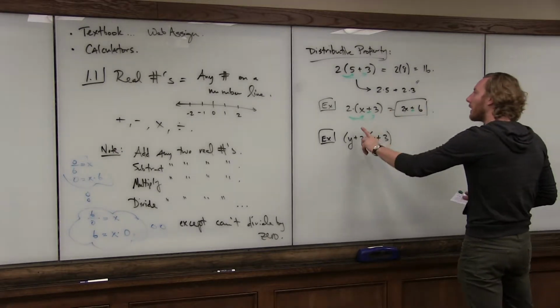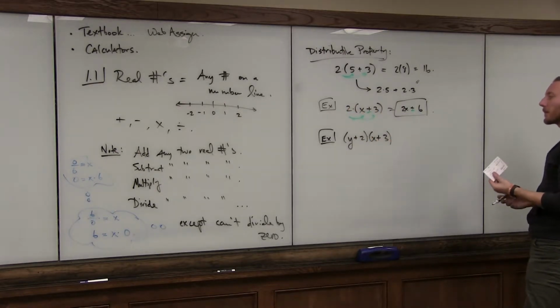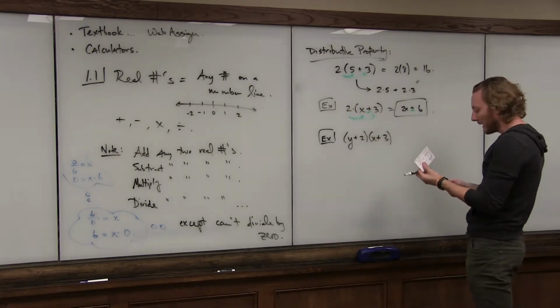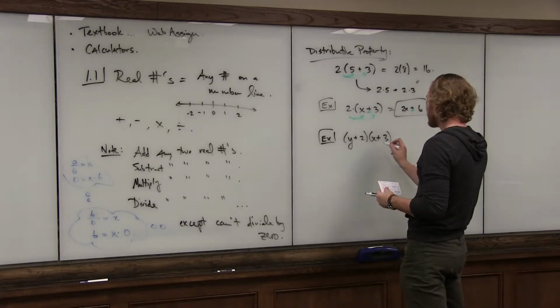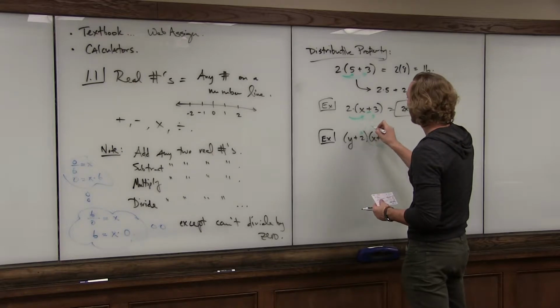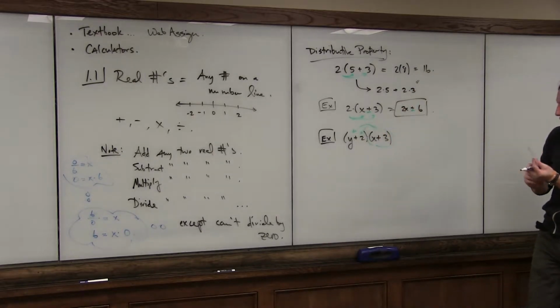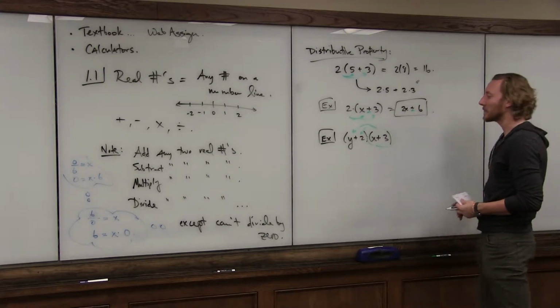And just like we did above, where you can take the 2 and distribute it to the x and distribute it to the 3, we're going to do the same thing here. Although, the thing that we're going to be distributing here is not going to be a single term, but a term that is itself a combination of terms.